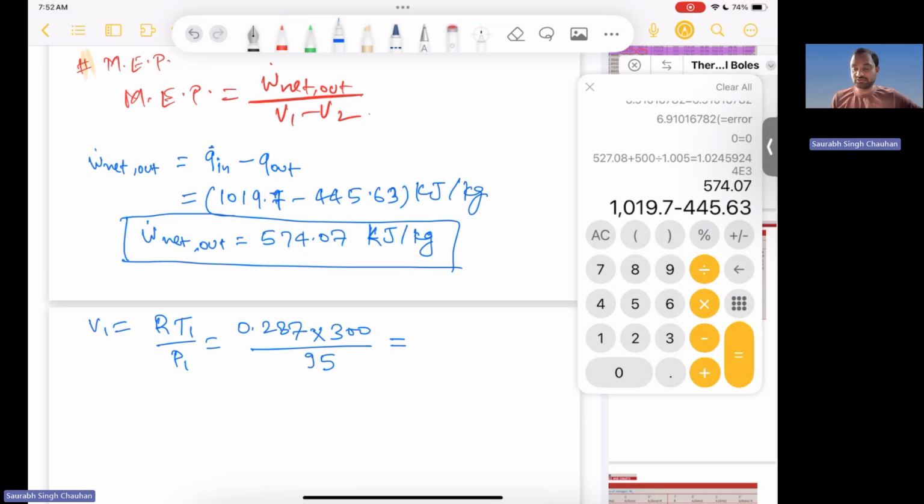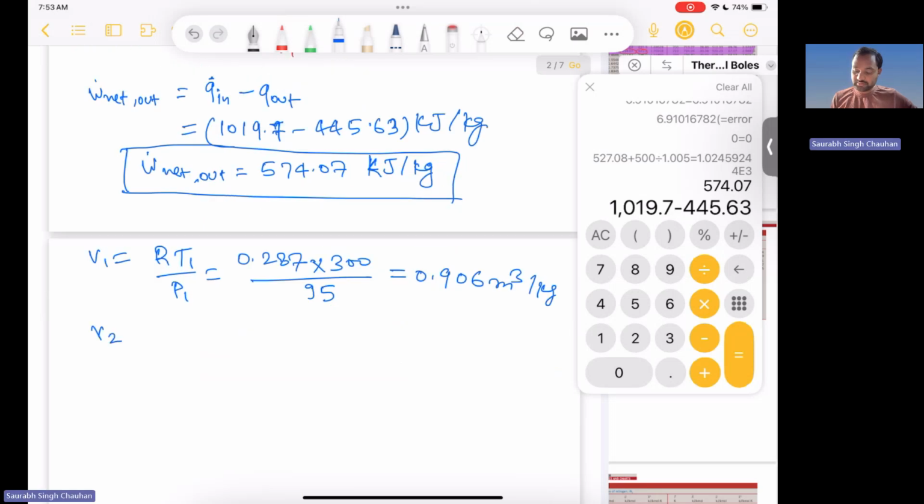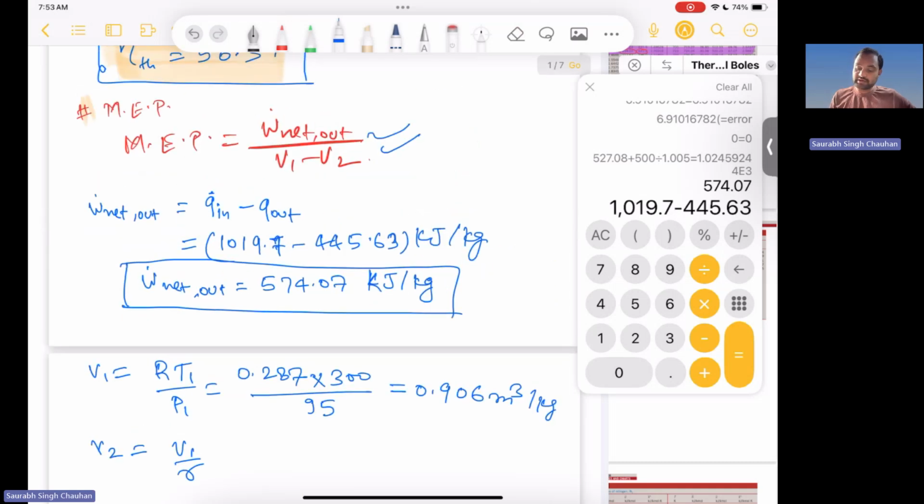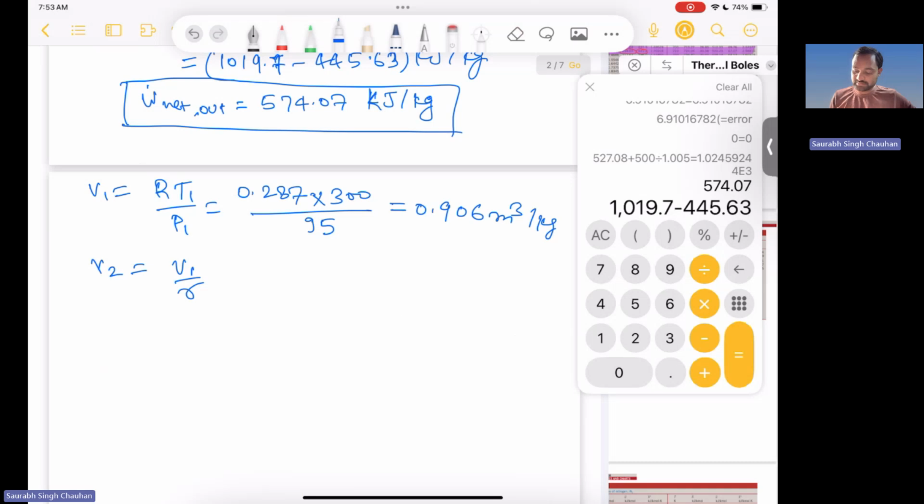So please do this calculation by yourself and check if you are getting this value, 0.906 meter cube per kg. And V2 will be V1 by R, compression ratio, correct?